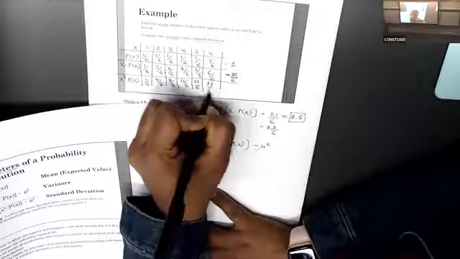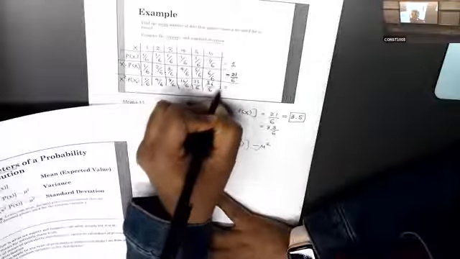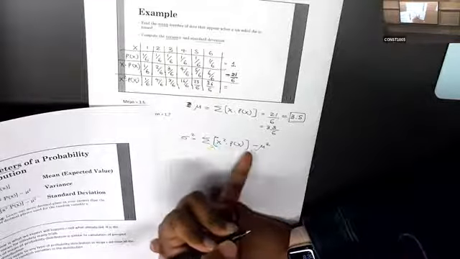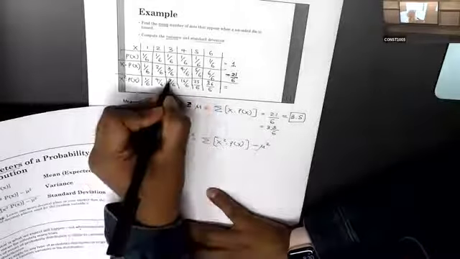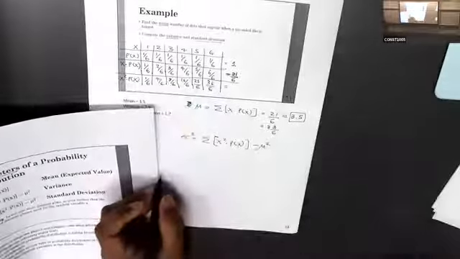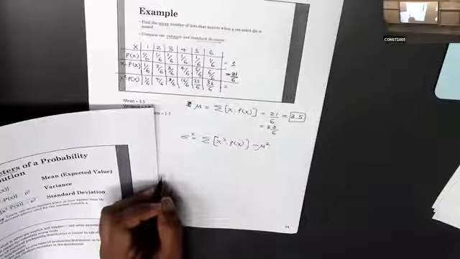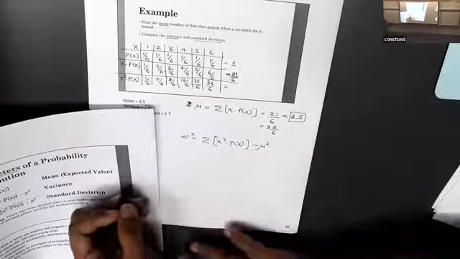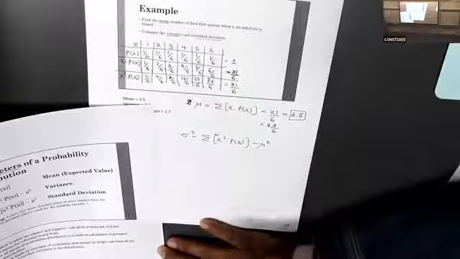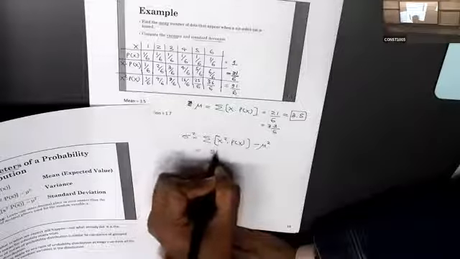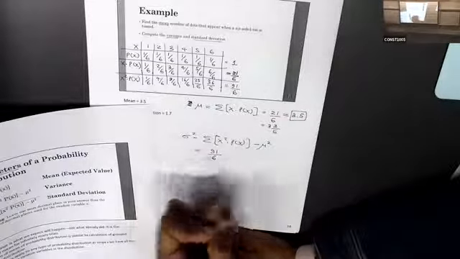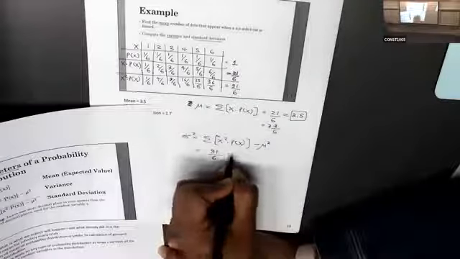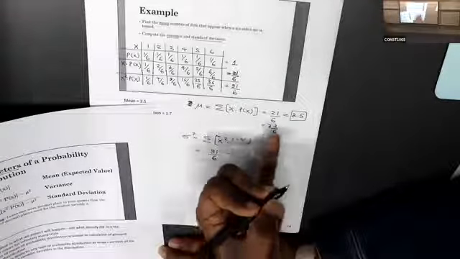36 over 6. Now here you have to add them all. So what is the value? 91 over 6. So here the value for the first part is 91 over 6. Minus, now what is our mu?